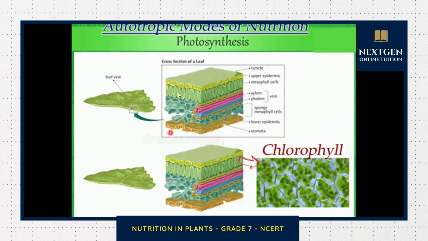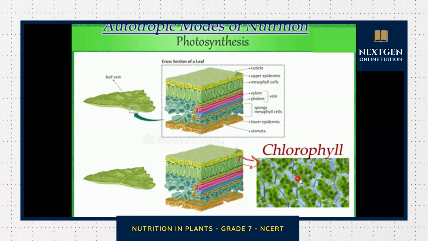The upper layer is called the cuticle and then comes the upper epidermis. Then comes the mesophyll cells or palisade cells. In this, the chlorophylls are present. That is, the leaves have a green pigment called chlorophyll. It helps the leaves to capture the energy of sunlight, and the synthesis of photosynthesis takes place with the help of this chlorophyll.